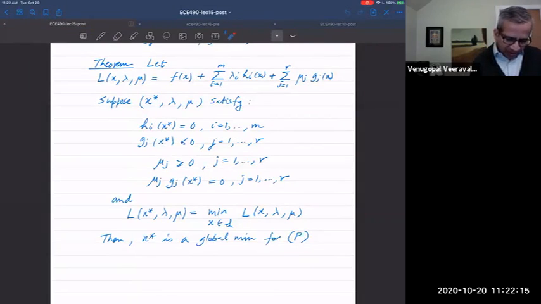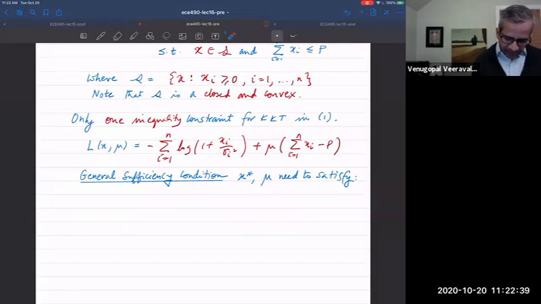We need to check that it's feasible, and of course x belongs to S, and then we need to check the complementary slackness condition for that one constraint, and make sure that x star minimizes the Lagrangian. So that's the approach we're going to take here.